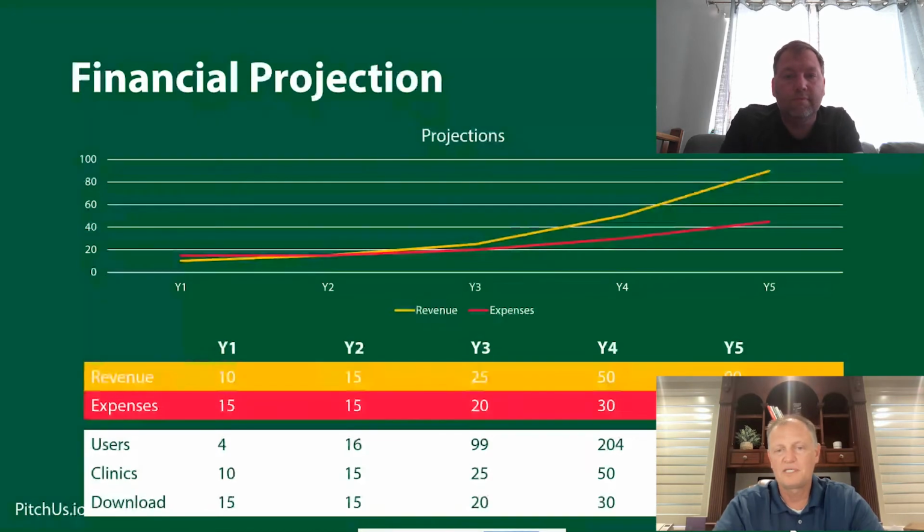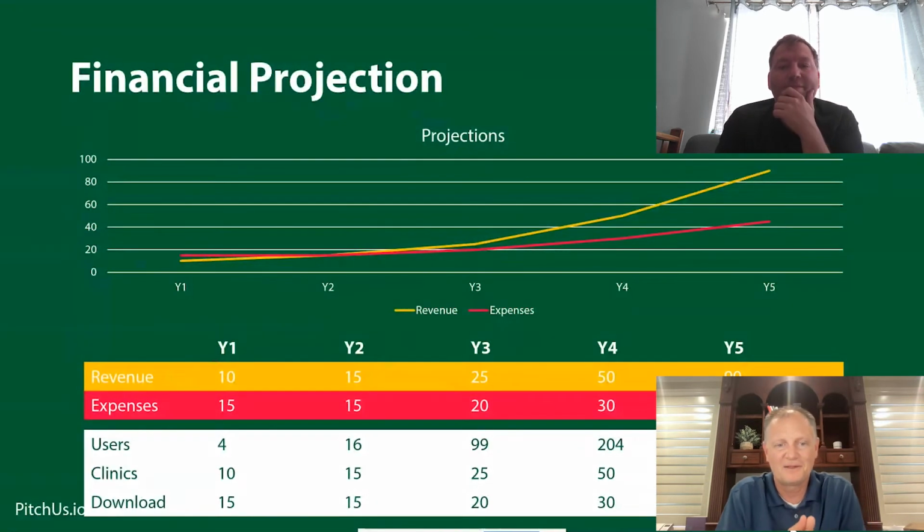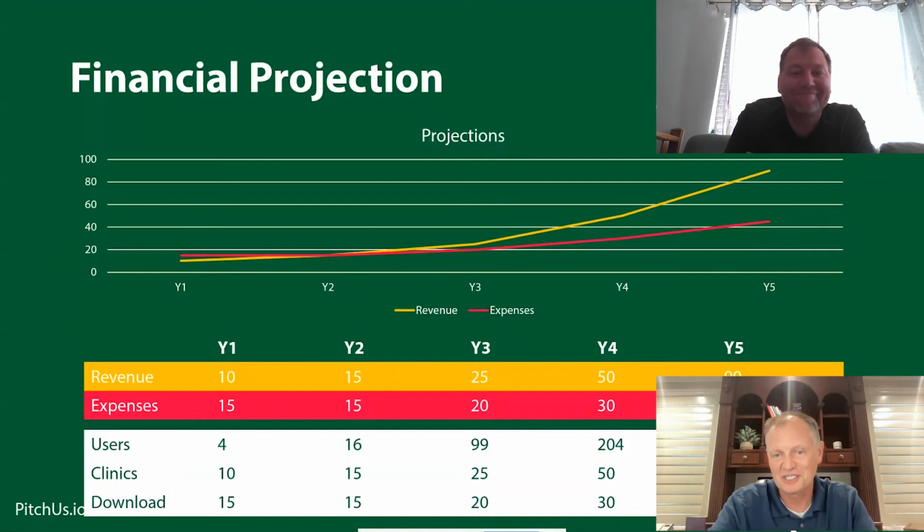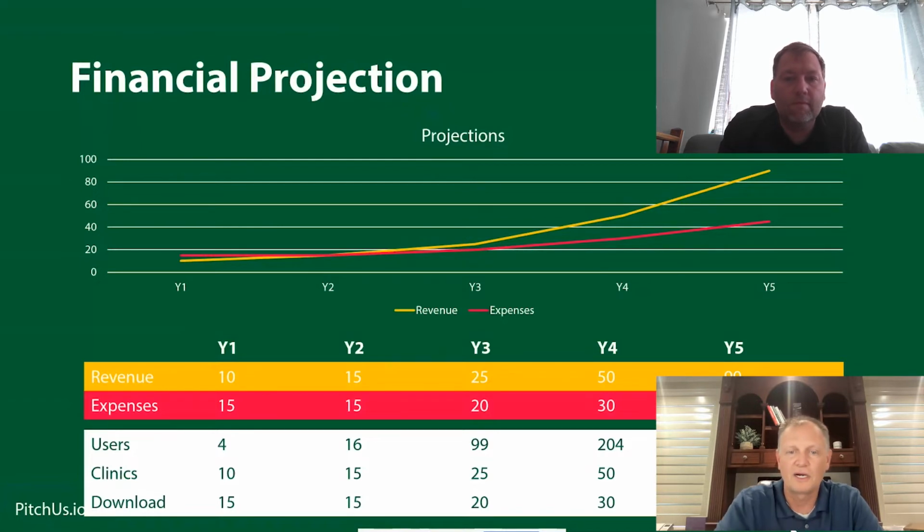I've seen a lot of founders where they'll put an Excel spreadsheet in the slide and go, so here's our numbers. And they start talking about this Excel spreadsheet. Yeah, don't do that. What you want is enough information on there to pique the interest of the investors and to almost get them asking questions of, okay, how do you get there? I see that you're going to have 204 users in year 4.